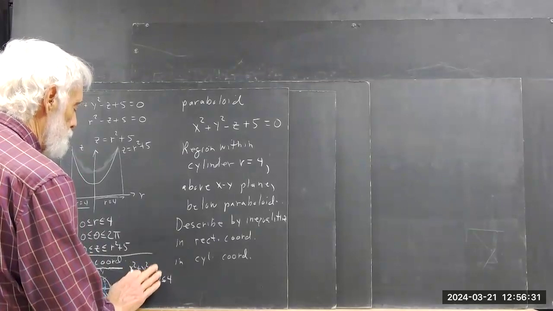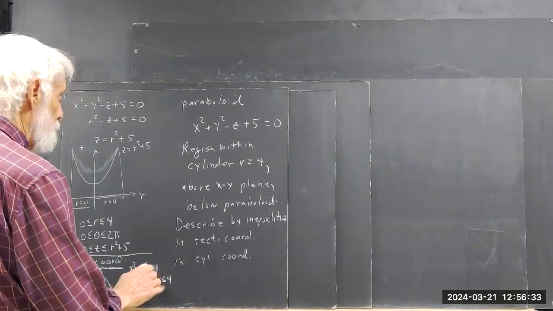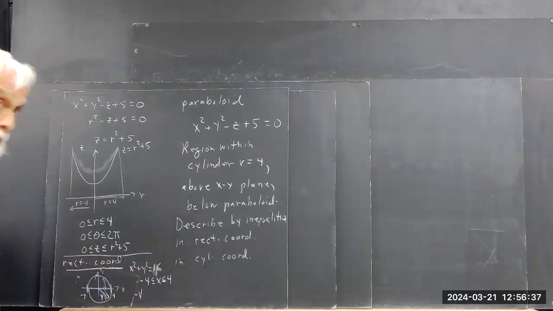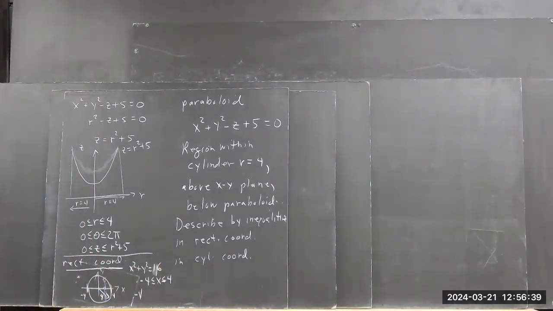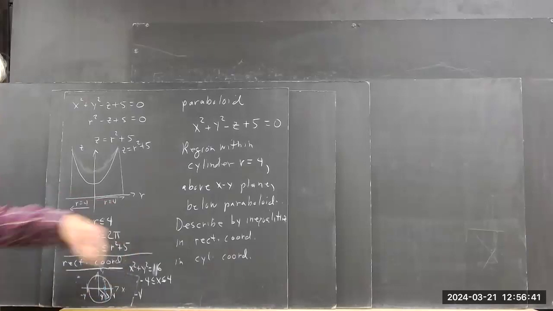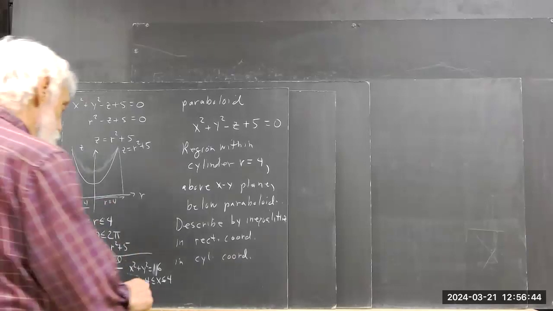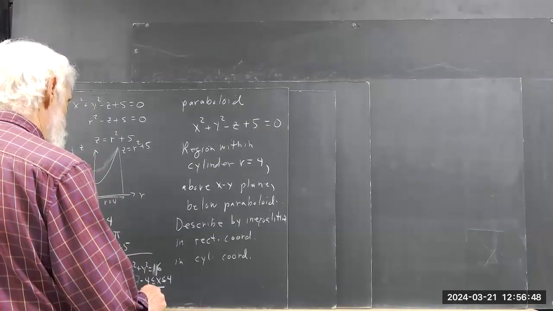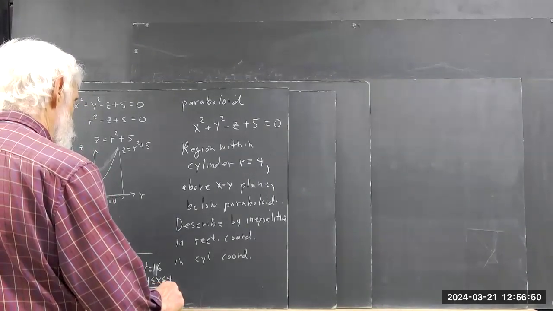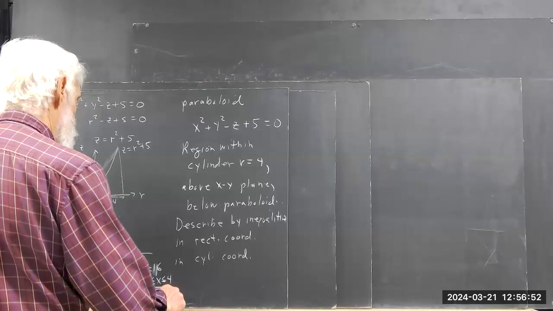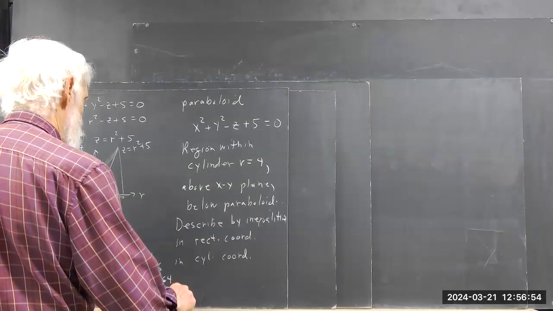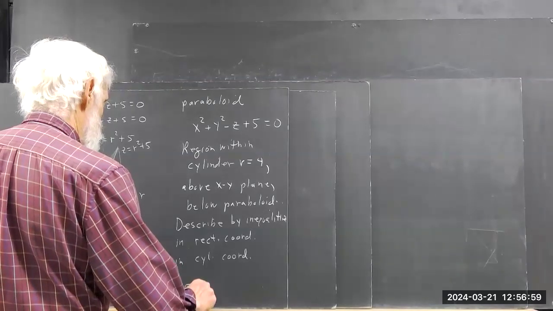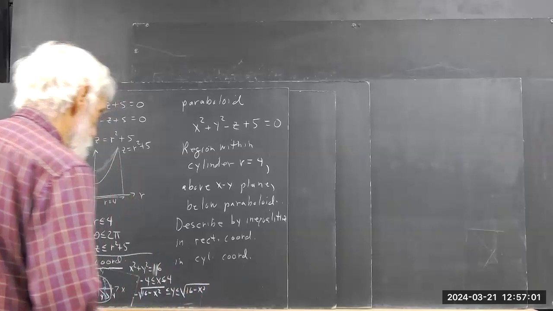When I said x squared plus y squared equals 16, right, this is a square radius. Make sure you understand that. So we get negative square root of 16 minus x squared less than or equal to y less than or equal to the square root of 16 minus x squared.